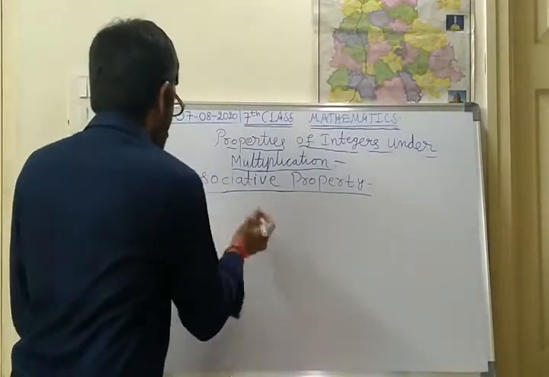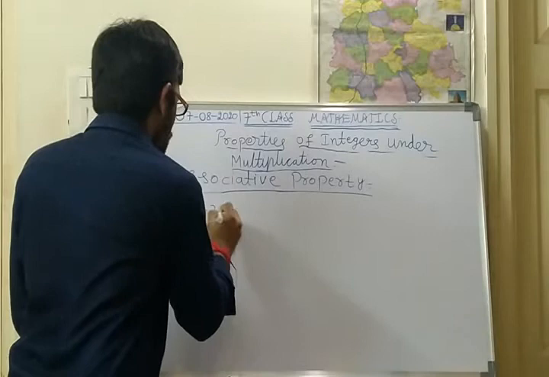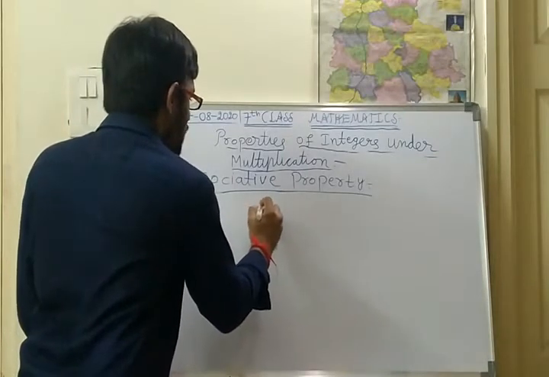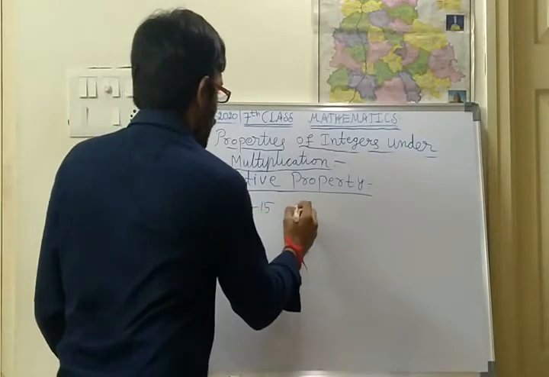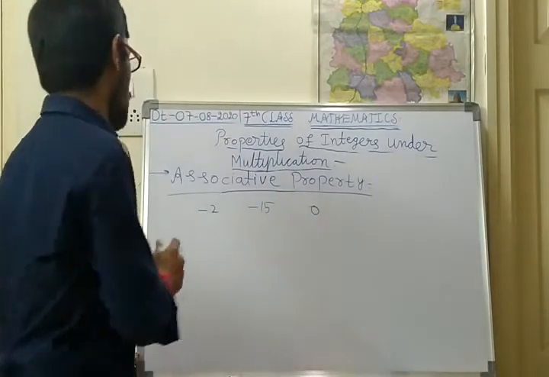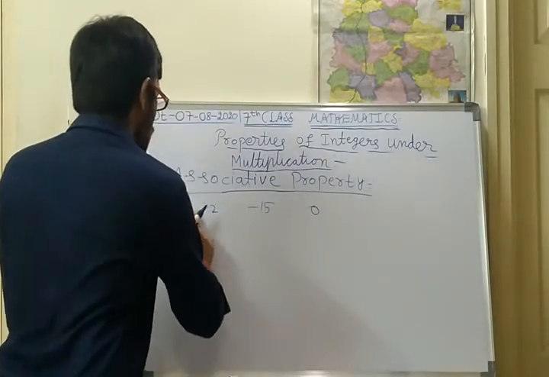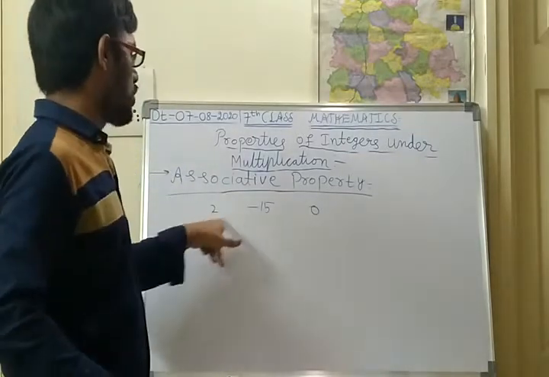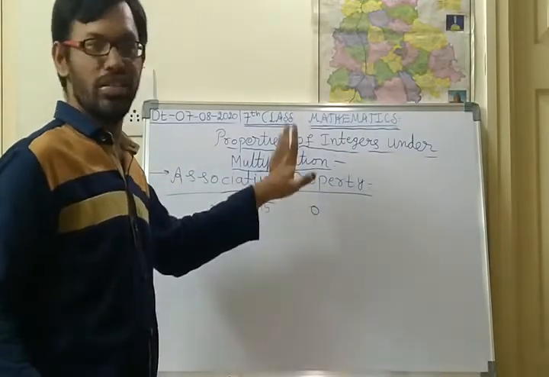Suppose I am taking 2, minus 15, and the third one is 0. One is positive, one is negative and one is 0.